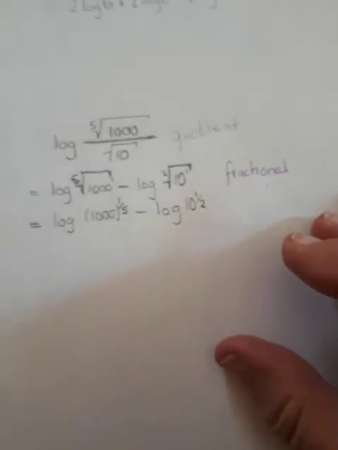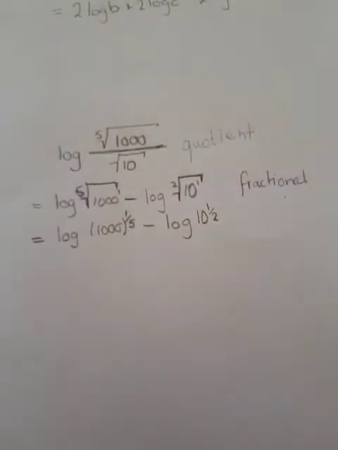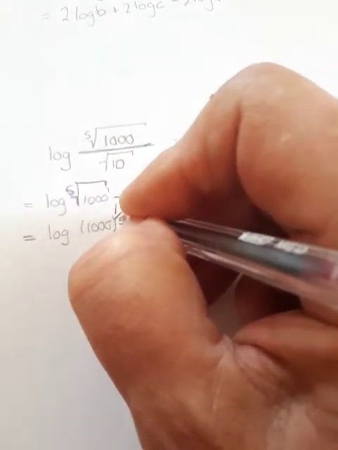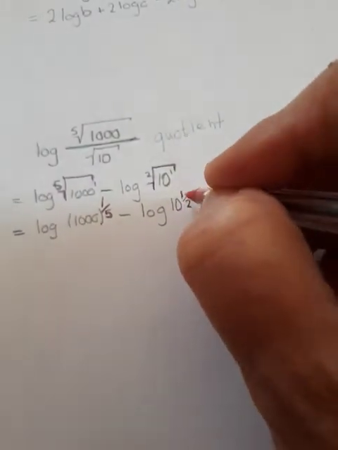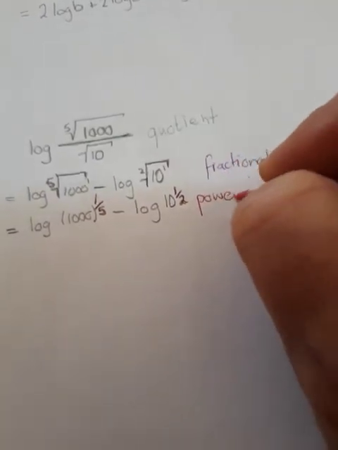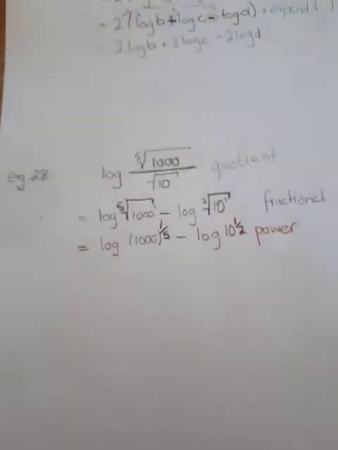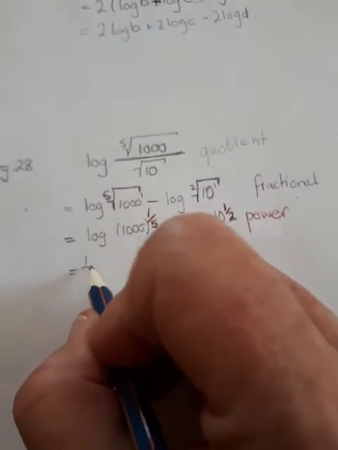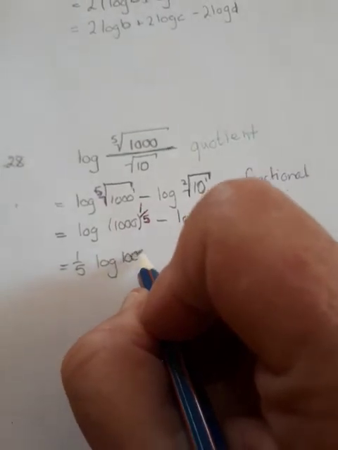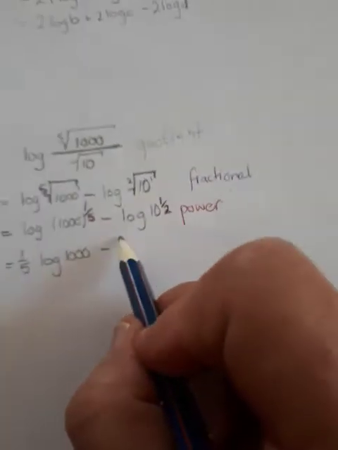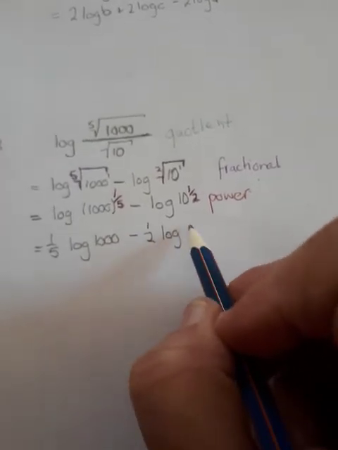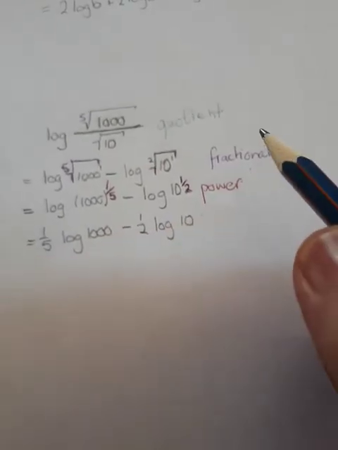Now, if you look at what you have now, you again have a power law. This is a power, and this is a power. So now we're going to apply the power law, which then becomes 1/5 log of 1000 minus 1/2 of the log of 10.